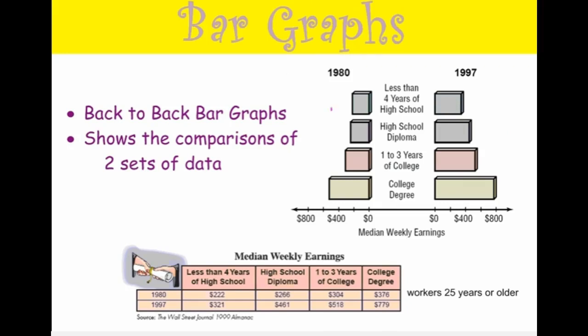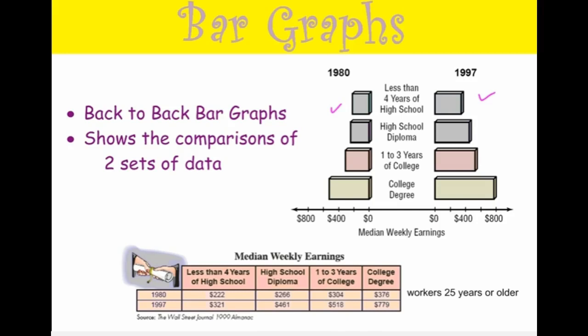Bar graphs. This is back-to-back bar graphs, where you can put two sets of data on one graph and show how they relate to each other. On this one we're looking at median weekly earnings based on the type of education you have.